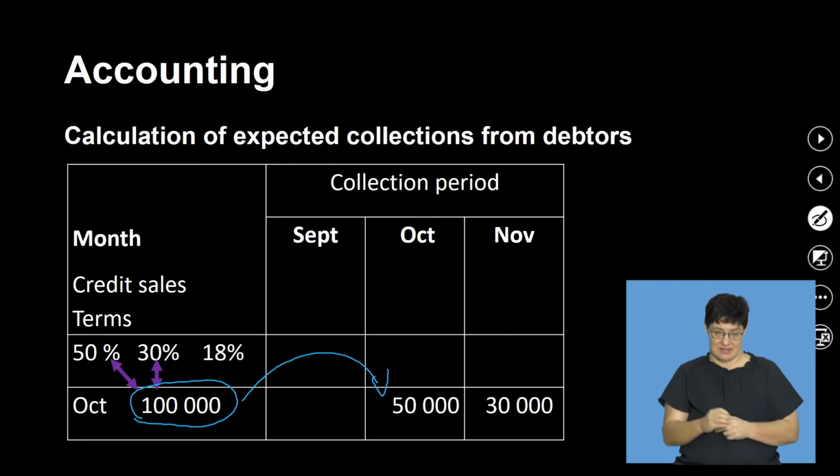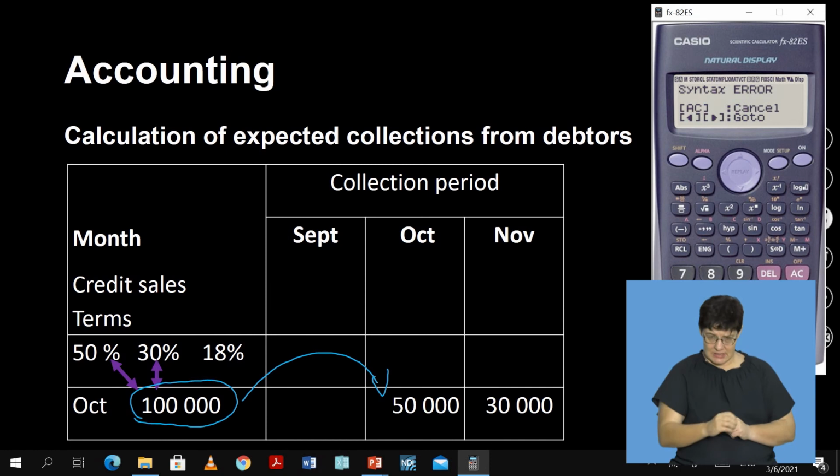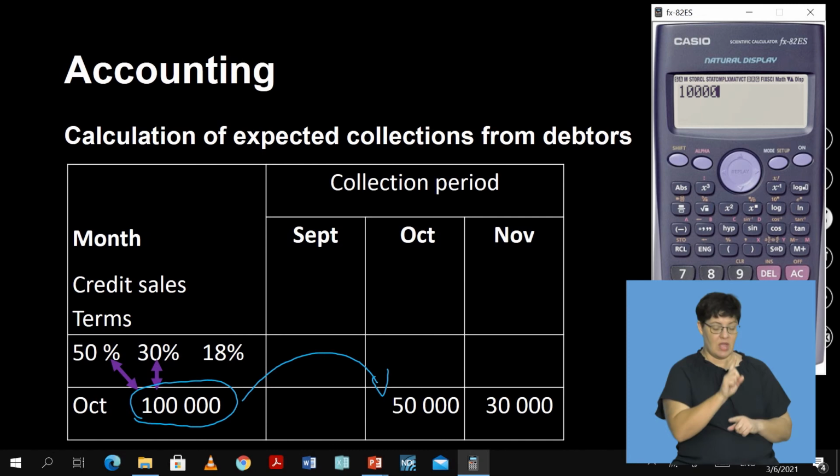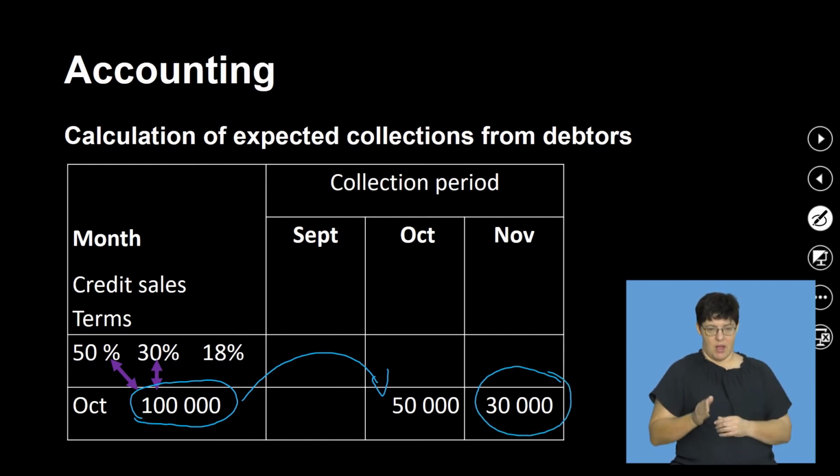Once again, our calculators, out we go. 100,000 times our 30%, and that will give you, we've got an error there, let's cancel that. We've got 100,000 times 30%, and here we go, it should give me a figure of 30,000 rand. Here you can see it, there's my figure, 30,000 rand.